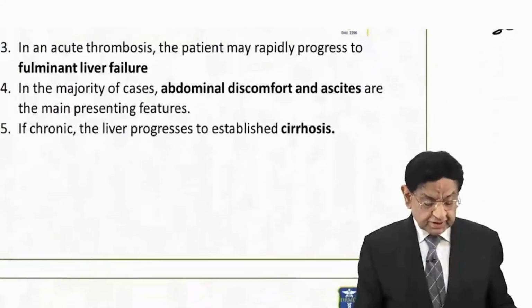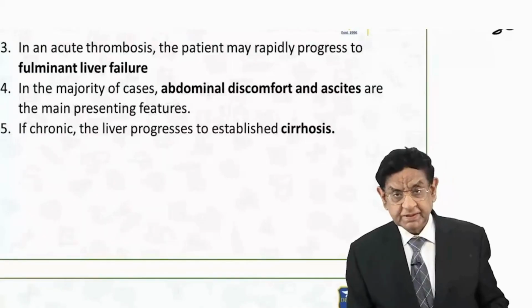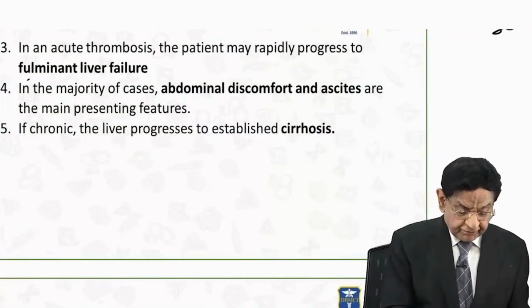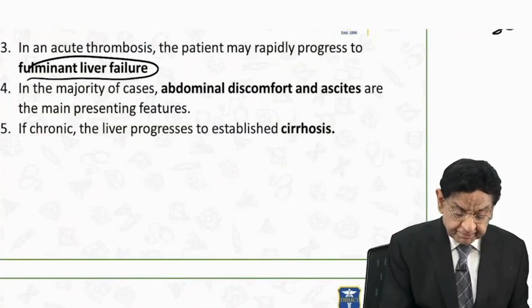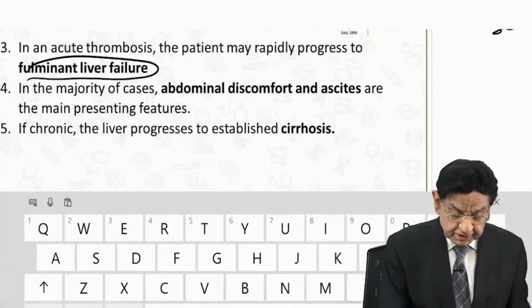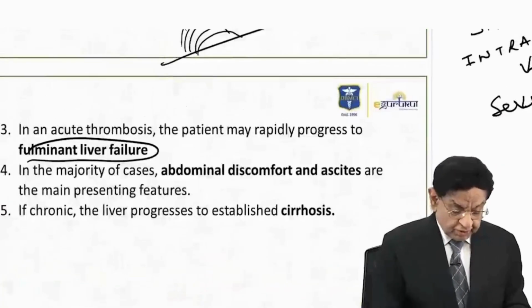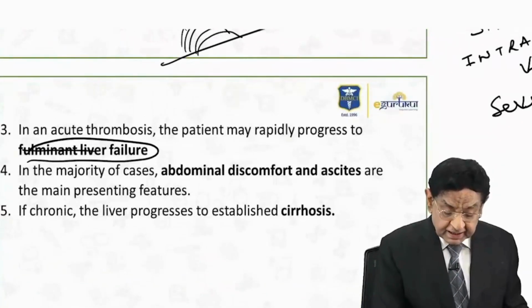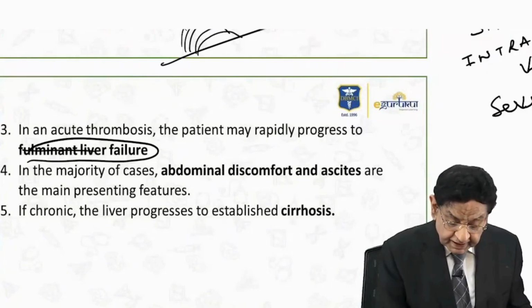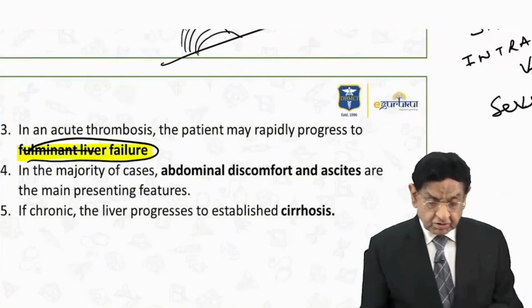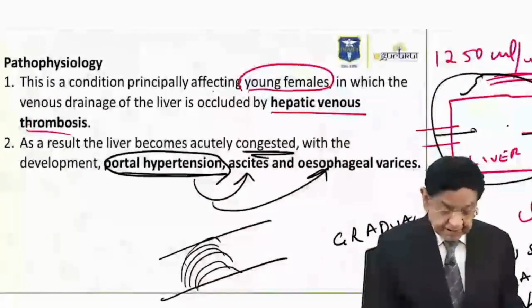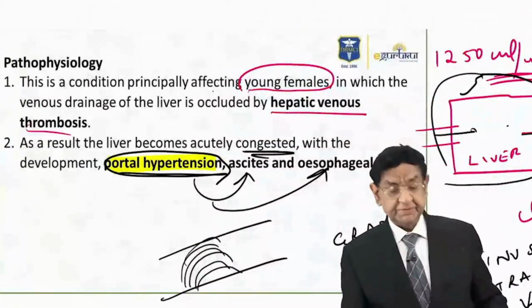But in an acute problem, it is likely to go into fulminant liver failure, point to be noted. So acute is more likely to come as fulminant liver failure, and in contrast the chronic one is more likely to come as portal hypertension.